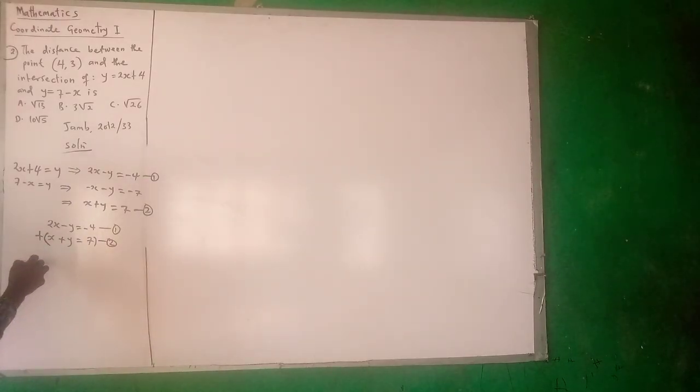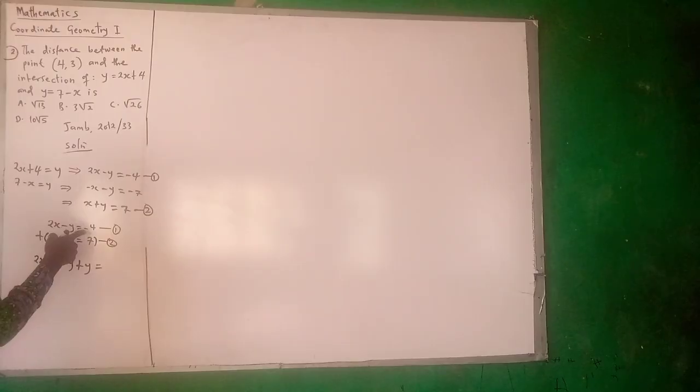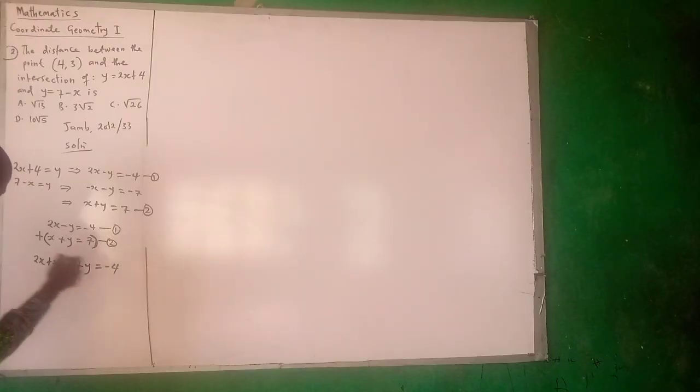So we have 2x, which is this one, plus x, minus y plus y equal to minus 4 plus 7, right? 2x plus x is 3x.